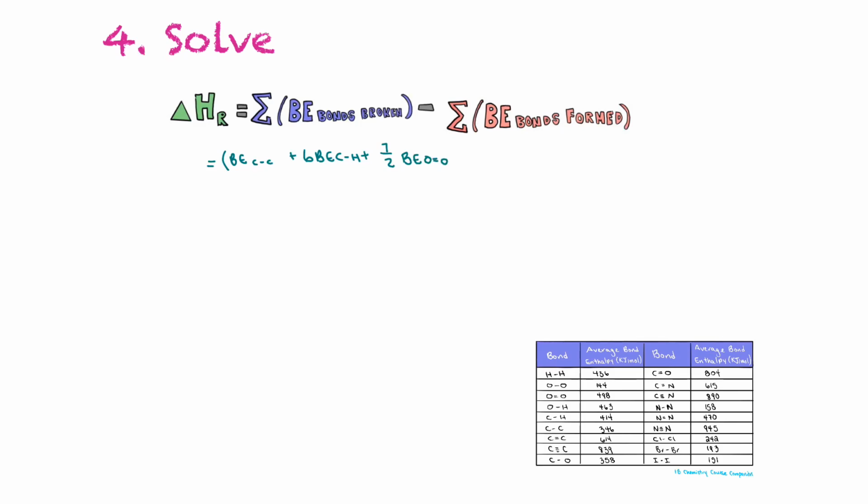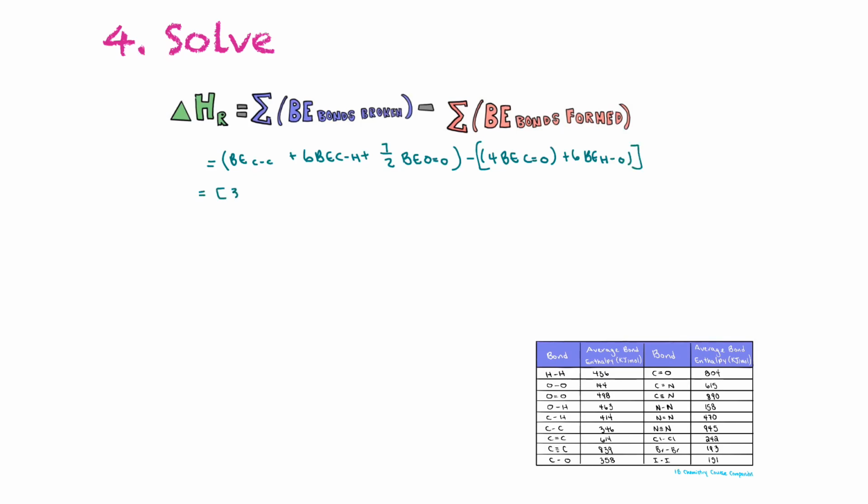I'm going to sum all that together, and then we're going to subtract 4 times the bond energy of the carbonyl plus 6 times the bond energy of hydrogen and oxygen. So we're going to plug in those values.